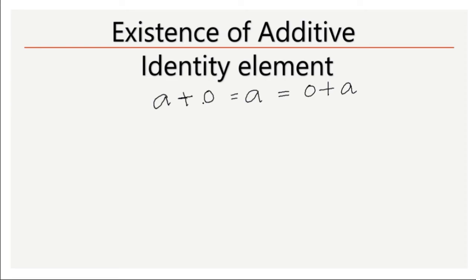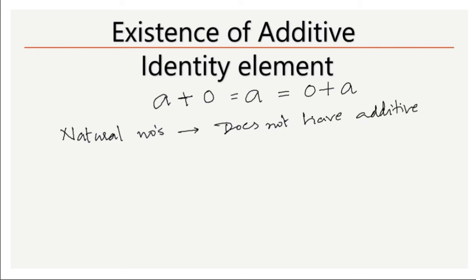Is 0 present in the set of natural numbers? No. So the natural numbers does not have additive identity element.